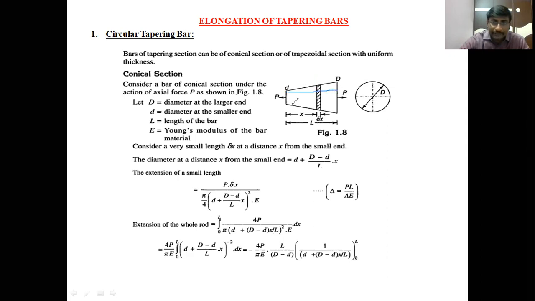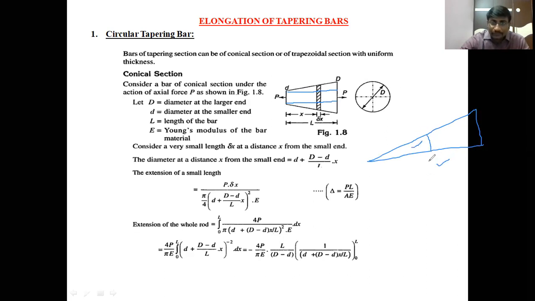By taking similar triangles. One triangle is like this, and another triangle is formed if you draw the line at this place. These are the similar triangles.